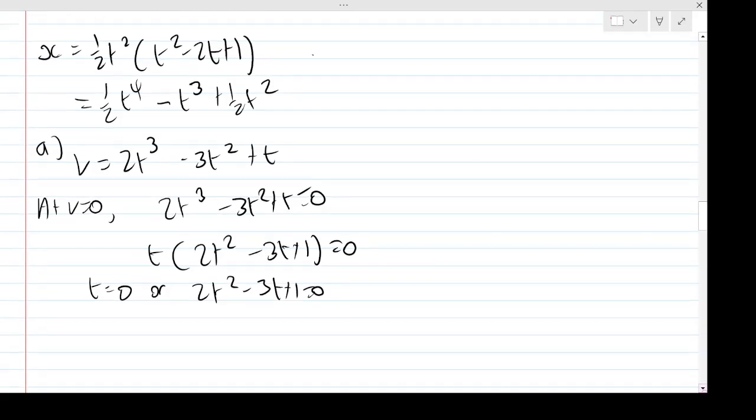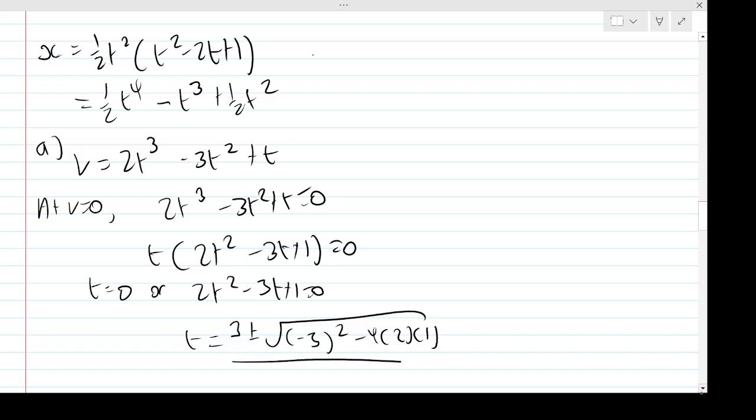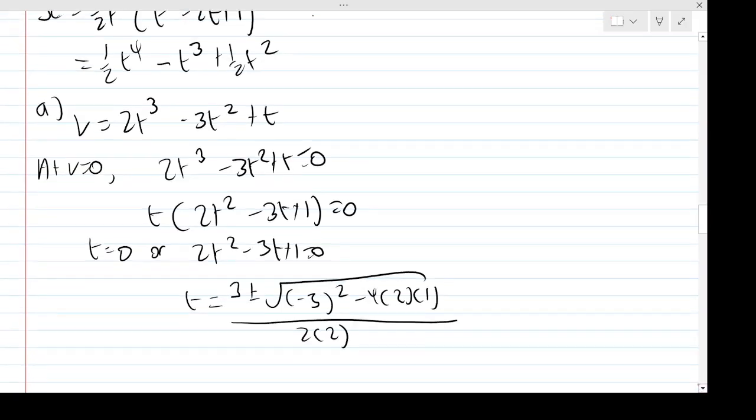Let's just use the formula. So t is going to be 3 plus or minus the root of minus 3 all squared minus 4 lots of 2 lots of 1, over 2 lots of 2. And so doing that, I get t is 1 or t is a half.